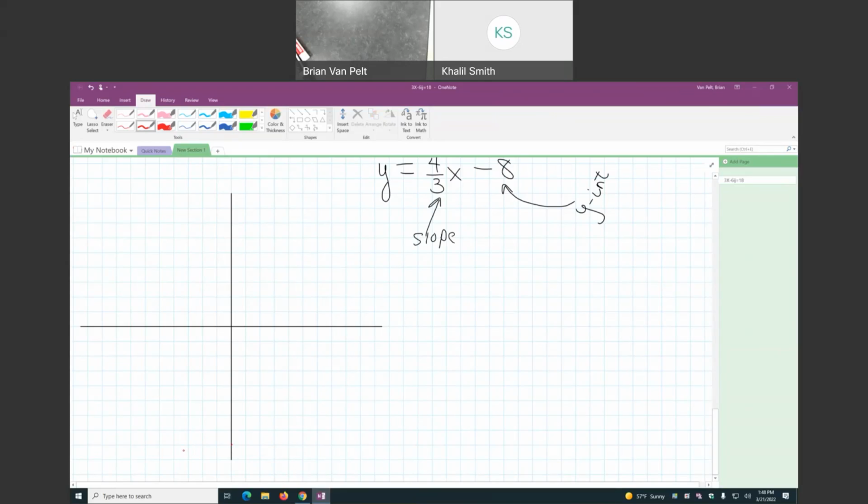Now, the way you get a second point to graph is different because now you do this. Starting at this point right here, what was the slope again? It was 4 thirds. That means from this point, you're going to go up 1, 2, 3, 4, and then to the right, 1, 2, 3. And those are your 2 points to graph if you want.